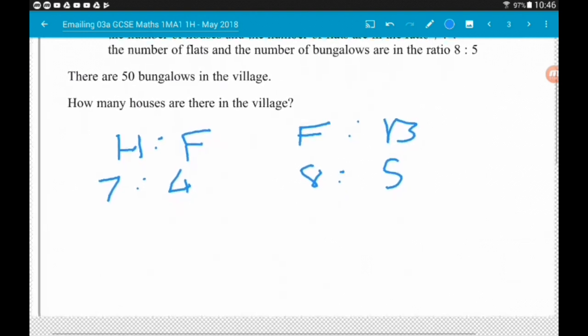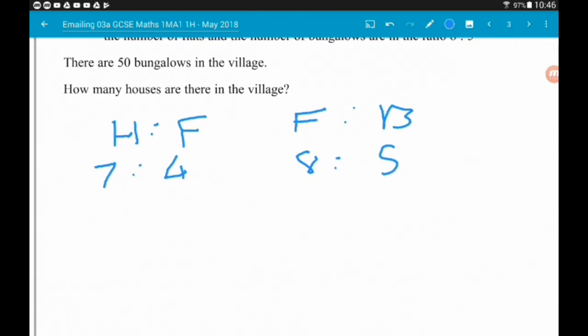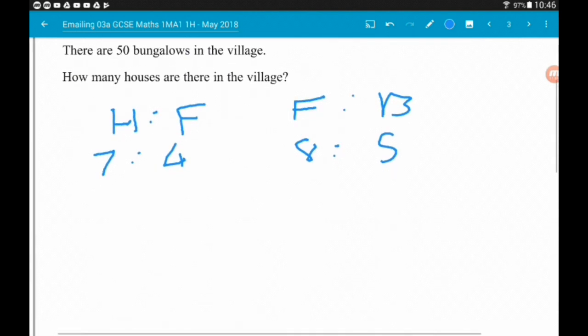The key to combining ratios is the part that turns up in both ratios, and here that's flats. Now what we want to do is turn this common part of each ratio into the same number. We can quite easily turn 4 into 8, so we're going to multiply the left-hand ratio by 2.